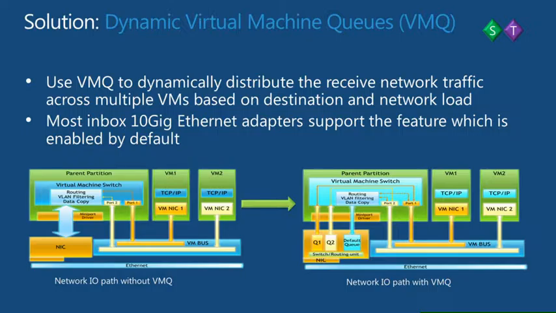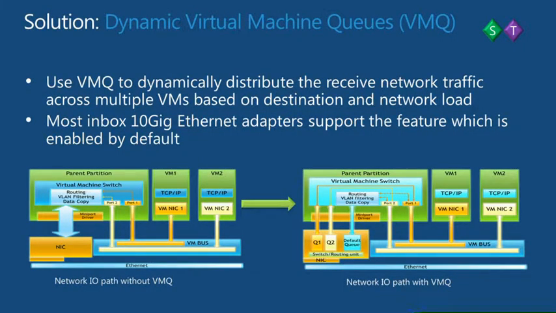Think about packets that come in. Let me take the case without virtual machine queues first. Every time a packet comes in, the virtual switch tries to figure out, okay, this packet needs to go to this specific VM, let me just send it over there. So every time a packet comes in, your CPU is getting hit pretty hard. But after we put in virtual machine queues, your NIC now has shared memory with your VMs.